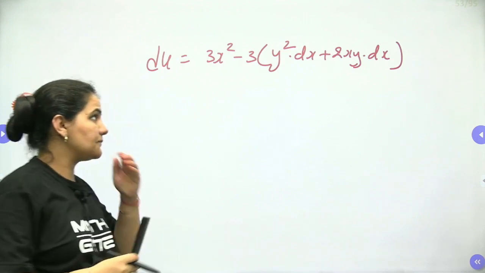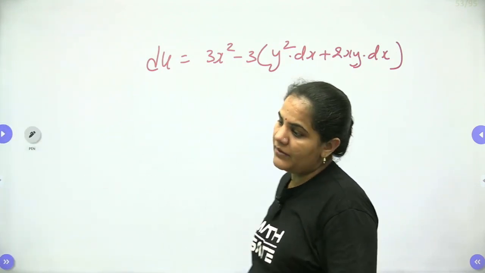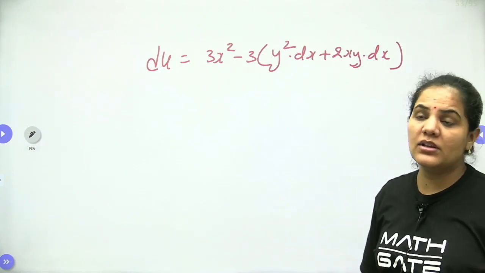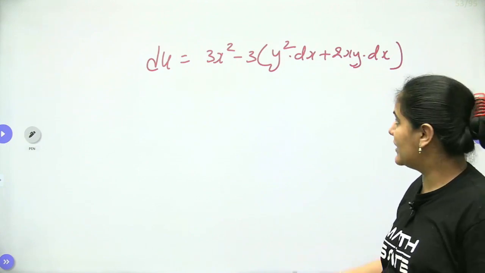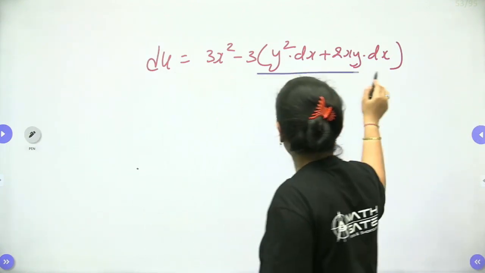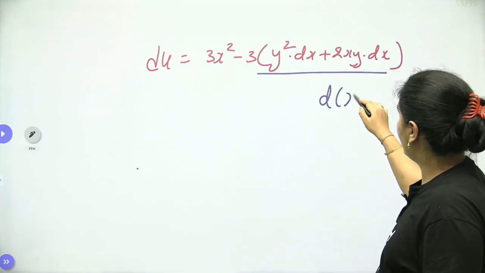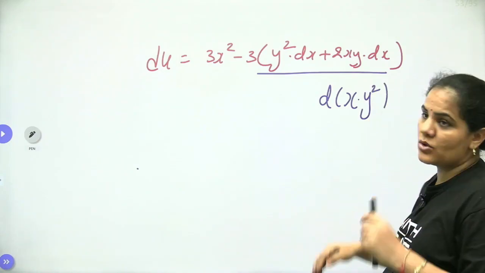You can see here, in differential equations we learned the inspection method, right? With the help of that inspection method you can write down, dear students, that this is nothing but the derivative of x into y square.